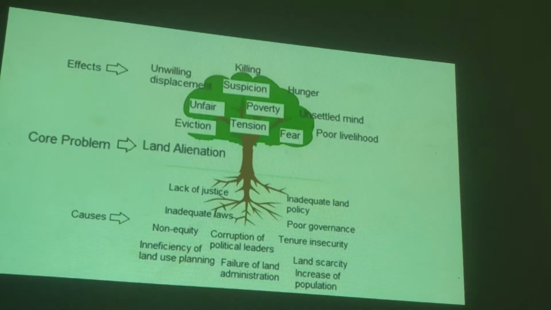And when land alienation persisted, there were evictions, tension, fear, poor livelihood, unsettled mind, hunger, poverty, and so on and so forth.